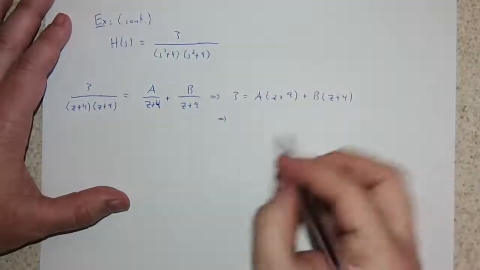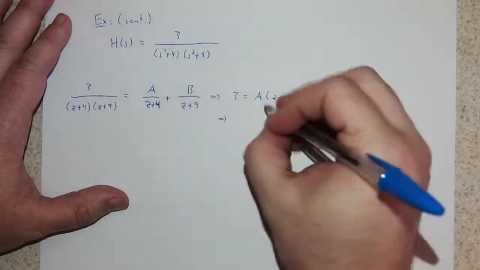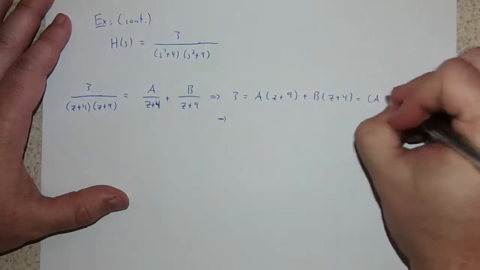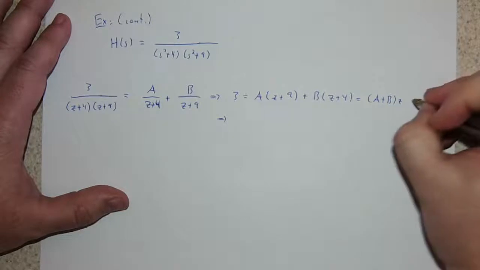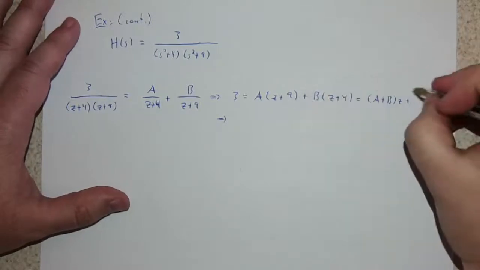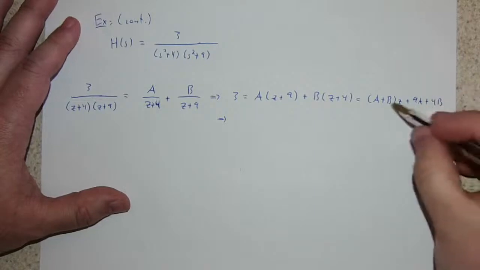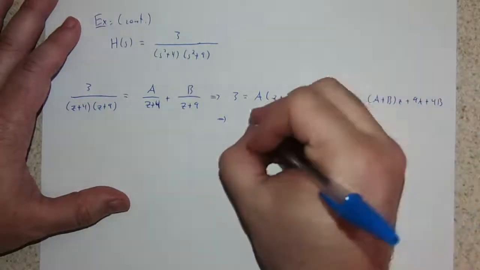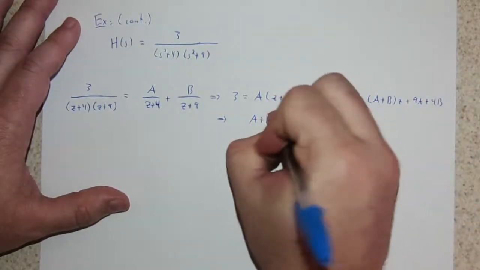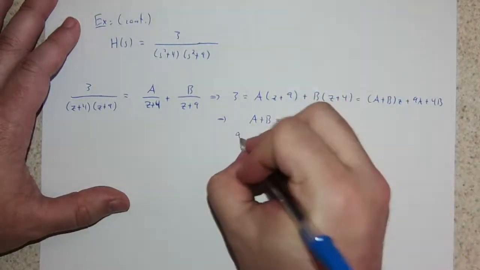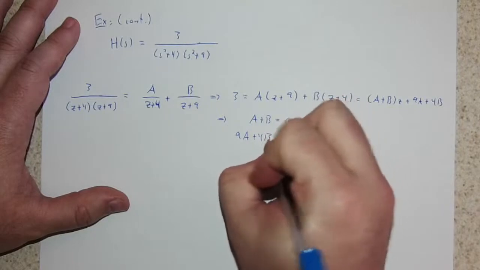So comparing the coefficients here, I would get 3 is equal to A plus B times z plus 9A plus 4B. And so this implies that A plus B has to be equal to 0, because there is no z term over here, and 9A plus 4B is equal to 3.